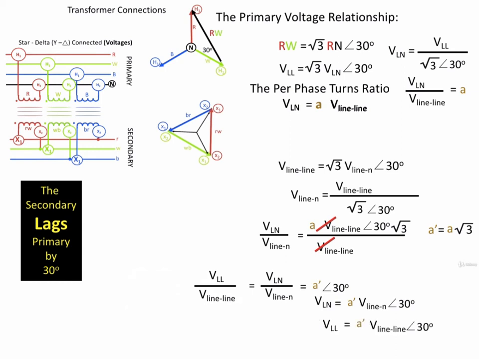And I can rewrite the equation again, and this time it's the voltage line-to-line primary is equal to A primed, the voltage line-to-line secondary at 30 degrees.